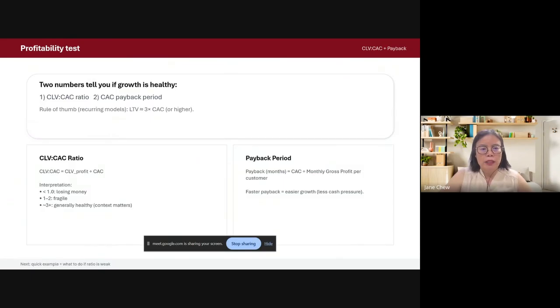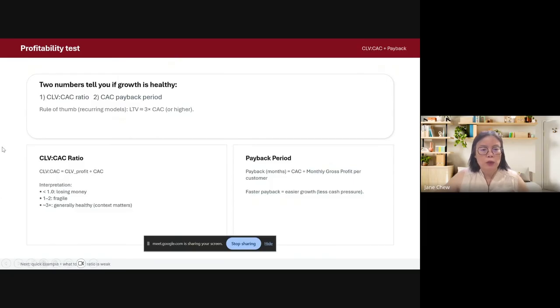And how do you make use of this? Once you have your customer lifetime value, you compare it with your customer acquisition cost. If the ratio is, you can look at this table here, less than 1, that means you are losing money for that particular customer segment.